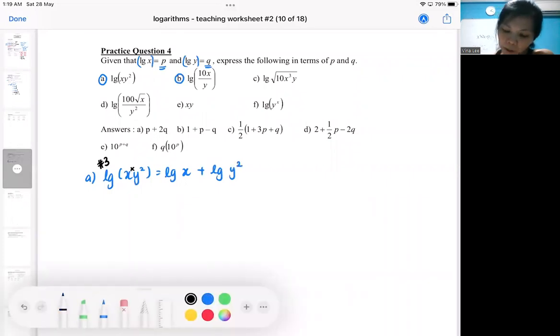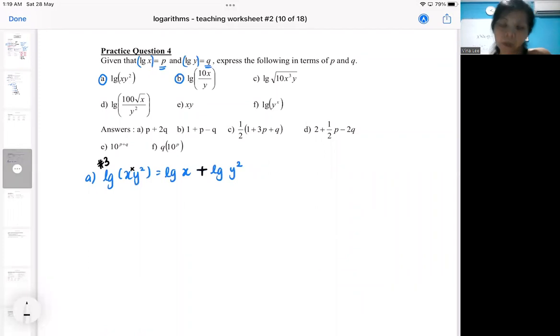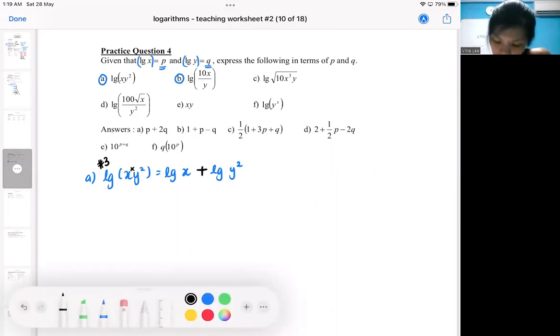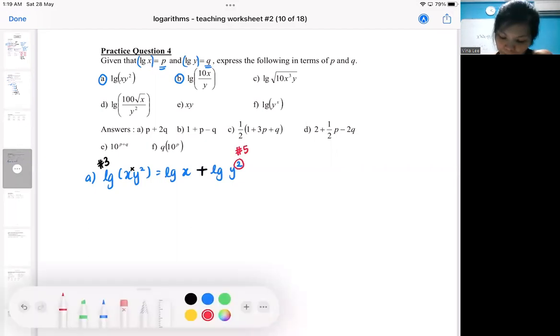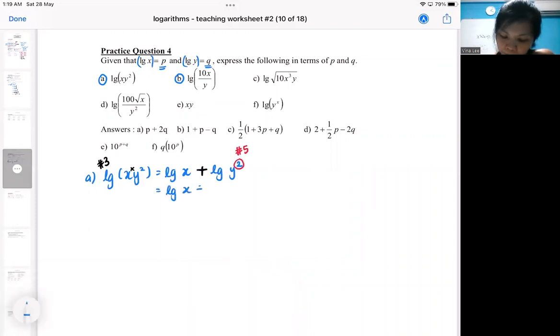So I can split into a logarithm plus a logarithm because that is a product. And subsequently, I also learned about bringing down or up the power, which is in rule number 5. So I'm going to utilize my number 5 to bring down the power.